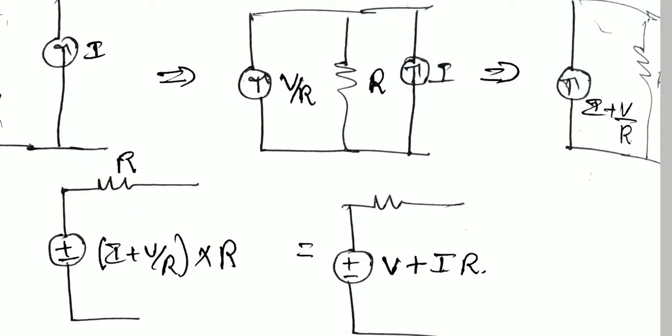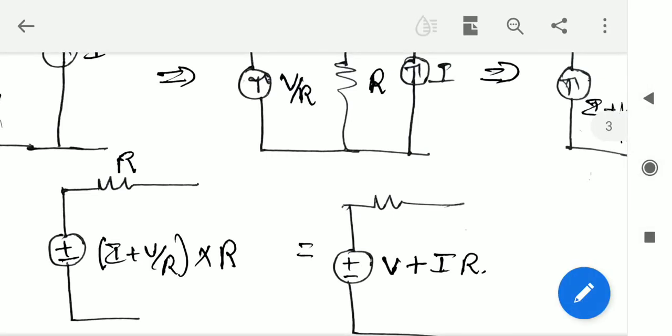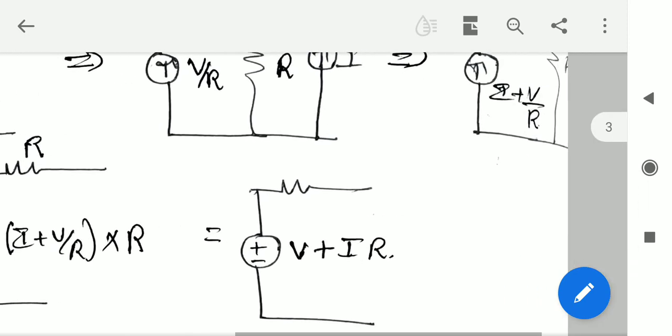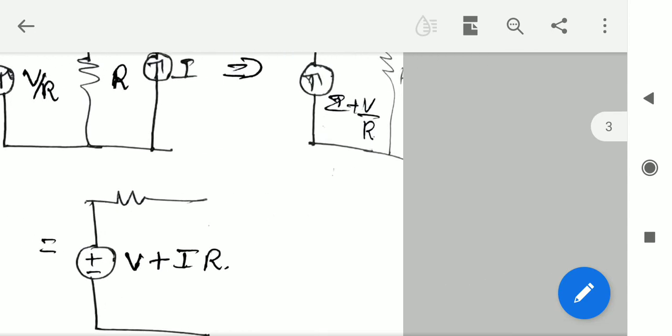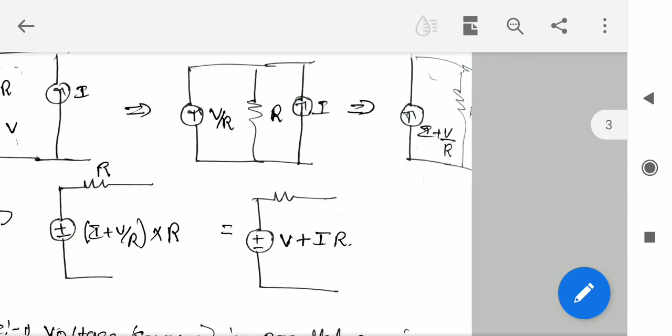Here the value of V can be written as V is equal to I into R. So the equivalent voltage we get is I plus V by R, into R, and the resistance value is as it is. After simplification we get V plus I into R, and the resistance which was in parallel has now been converted into series.